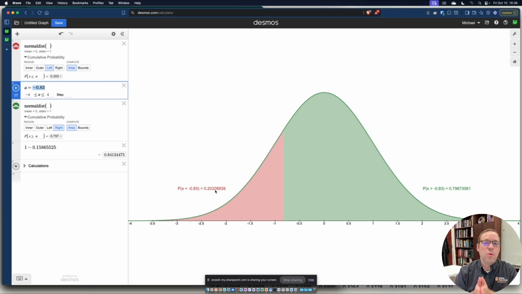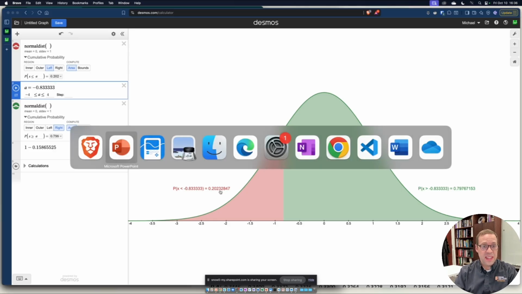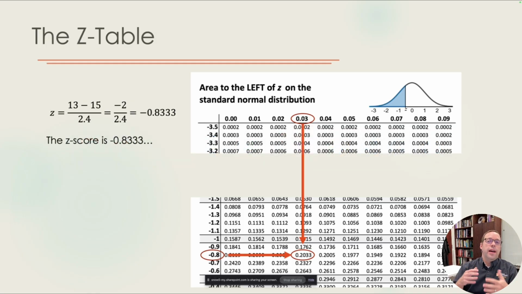However, for the z-table, we had to round. If I take my value and keep adding 3's here, notice that my value has changed. It's now 0.2023. It's changed a little bit. So that is a major disadvantage to the z-table: you have to round to the hundredths place.